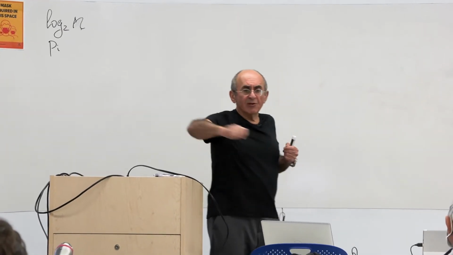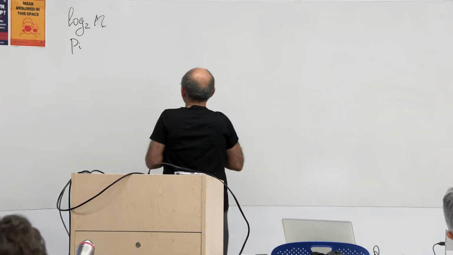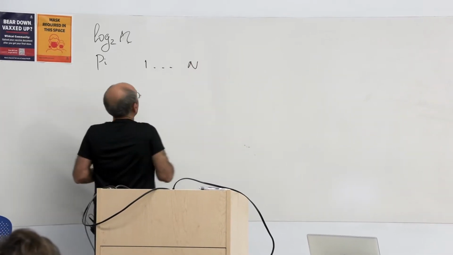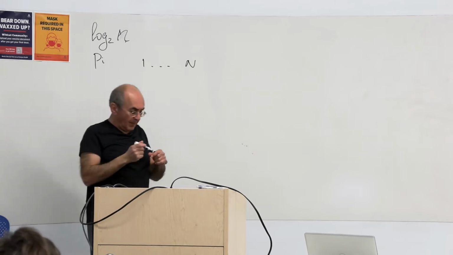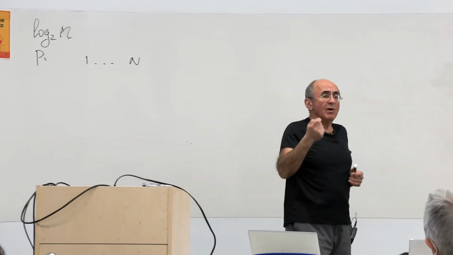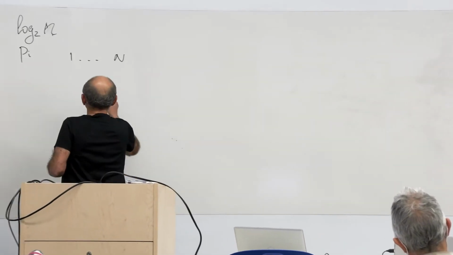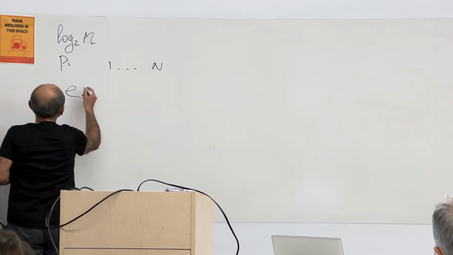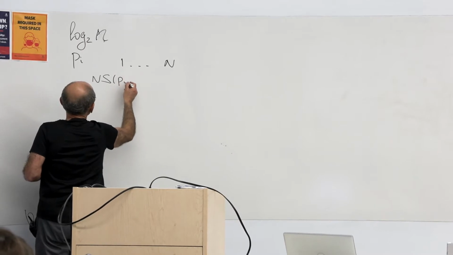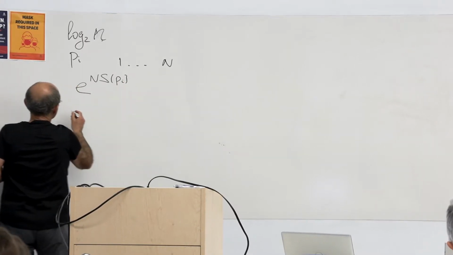We take a very long string of symbols with length n, and we ask what is the number of typical strings like this. The number of typical n-strings, we say, is exponent n S of p_i's.